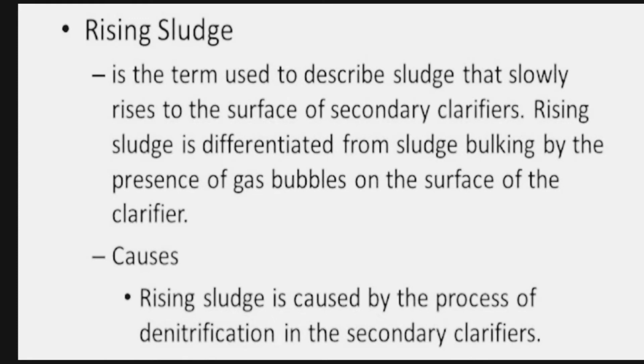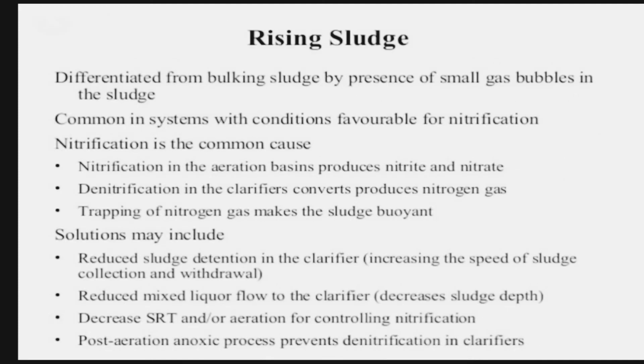Let us see in the further slide how to prevent this process of denitrification or to avoid rising sludge problem in the secondary clarifiers. Next, in the further slide, you can see the main common cause for this problem is nitrification.